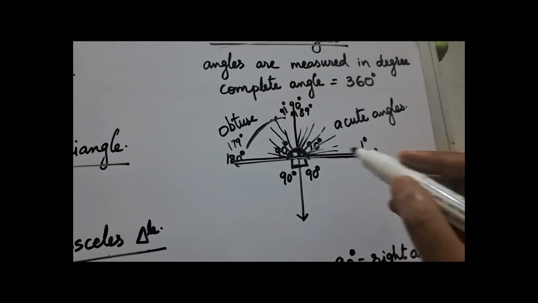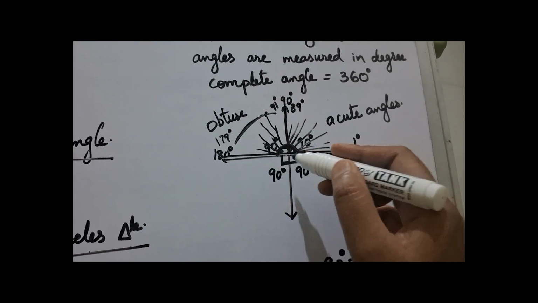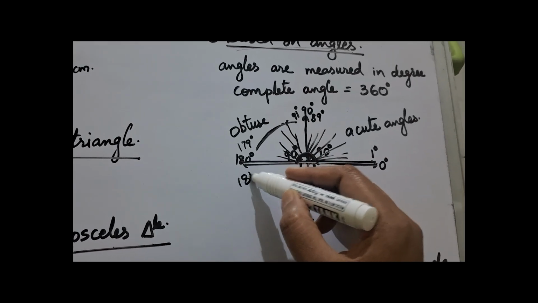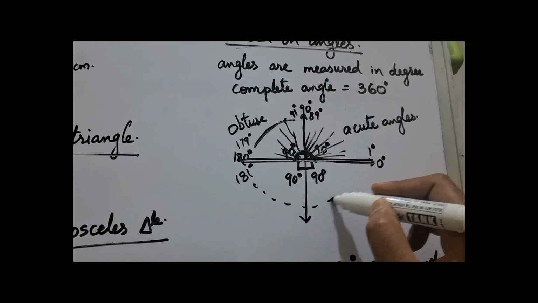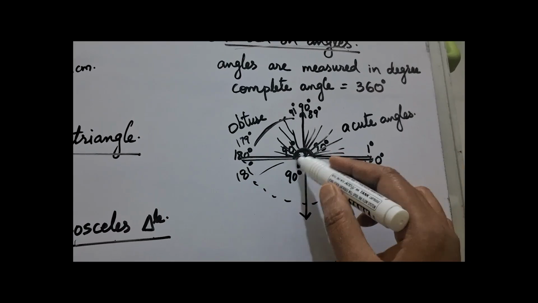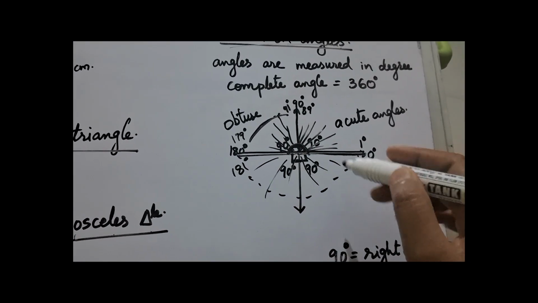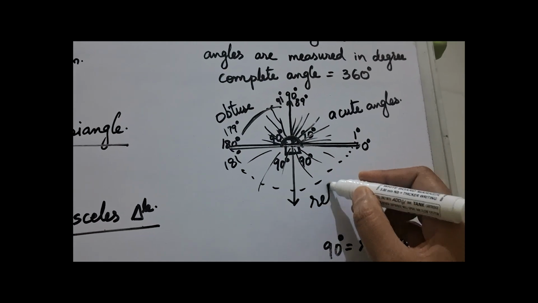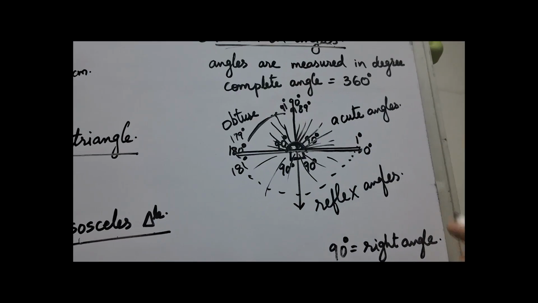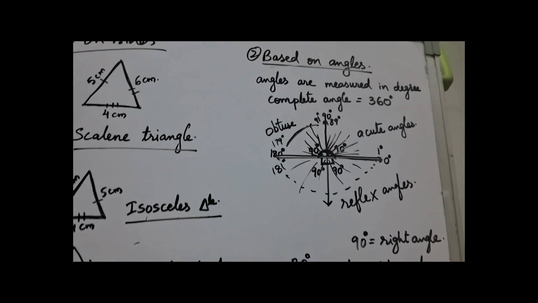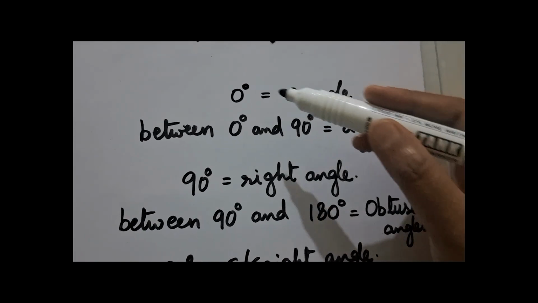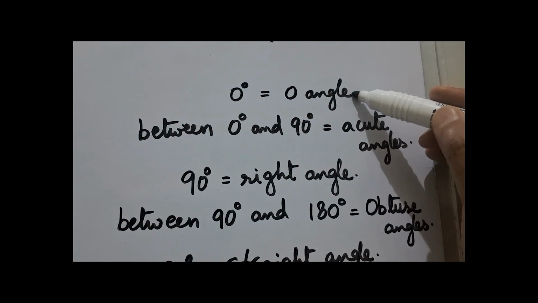Okay, children? Now, the angle which is more than 180 degrees, that means 181 degrees to 360 degrees, all the angles which come here are called reflex angles. Reflex angles. Okay, children? Now we have understood that a 0 degree angle is called a zero angle.